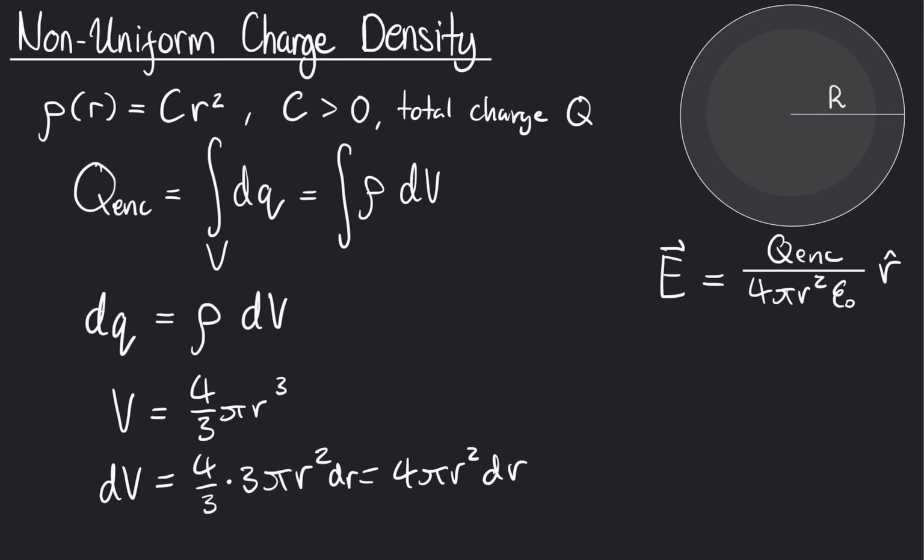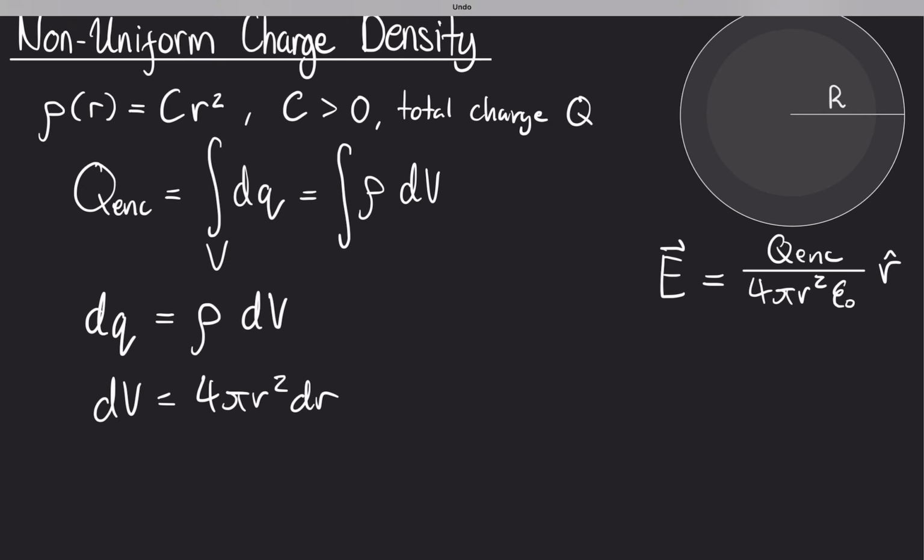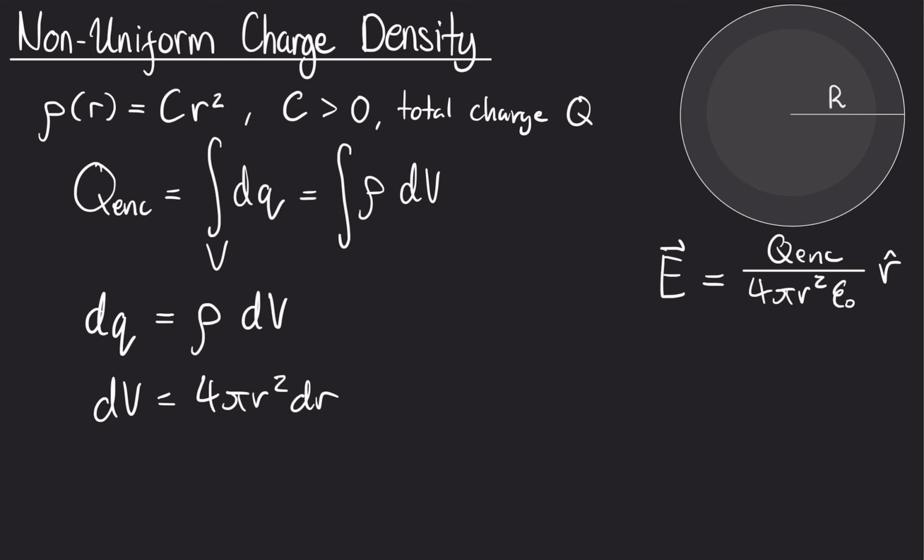In other words, to clean this up, what we're left with is dv is equal to 4 pi r squared dr. And we can see that it still maintains units of volume because we have an r squared here, meters squared, and dr, which is meters. So overall, we get meters cubed. Great.